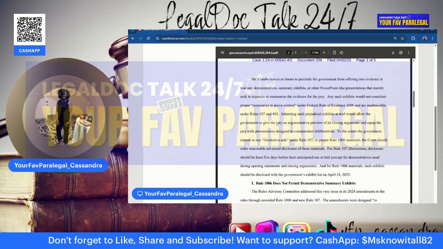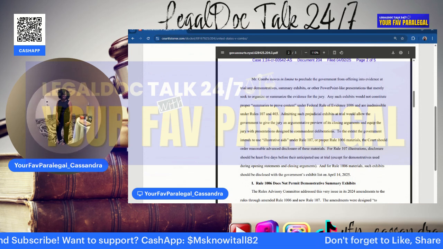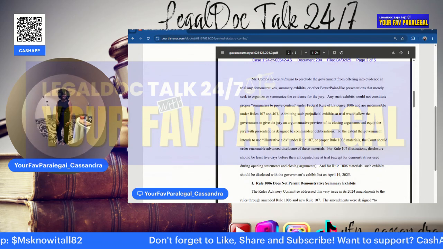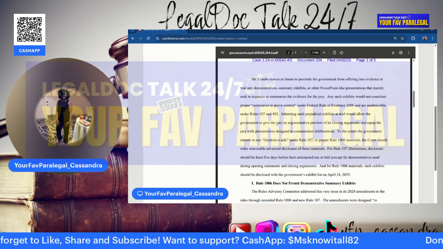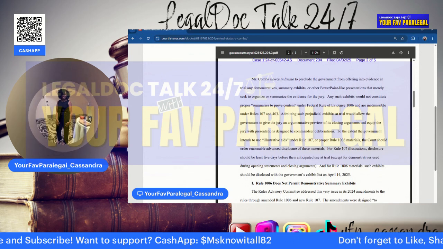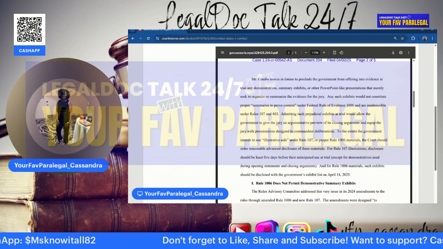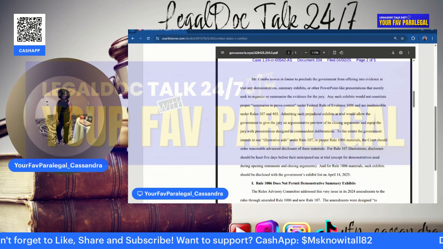For Rule 107 illustrations, disclosure should be at least 5 days before their anticipated use at trial, except for any demonstratives that are going to be used during the opening and closing arguments. And for Rule 1006 materials, such exhibits should be disclosed with the government's exhibit list on April 14th, 2025.